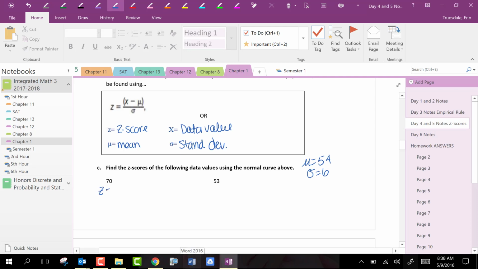So z equals, I'm going to put the data value in, so that's 70 minus the mean divided by the standard deviation. If you're going to type this all in the calculator, that top part must be in parentheses.